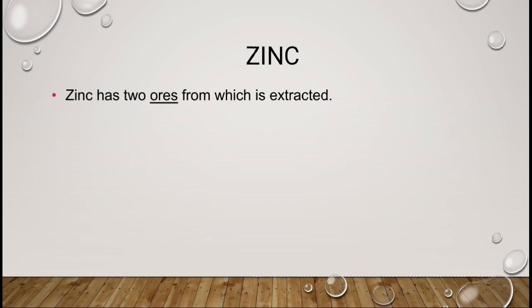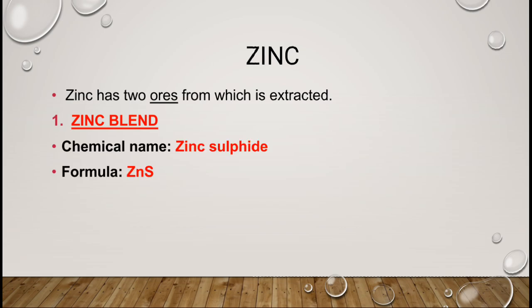And the formula is ZnS. Okay, so the first ore is zinc blende. The chemical name is zinc sulfide. The formula is ZnS. Z capital letter, n small letter, and capital letter S.